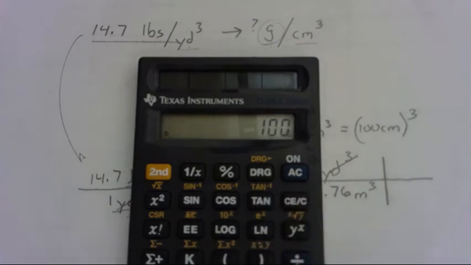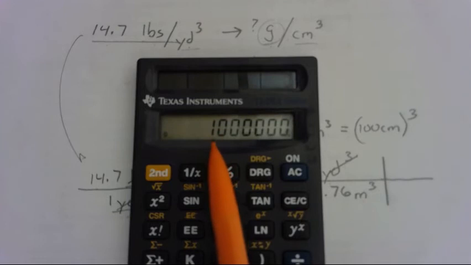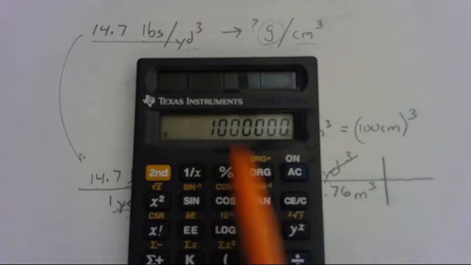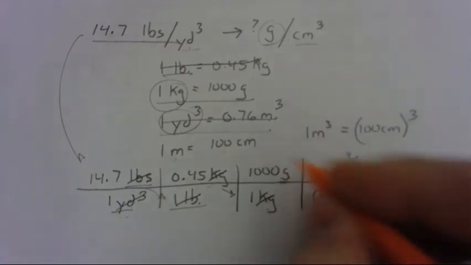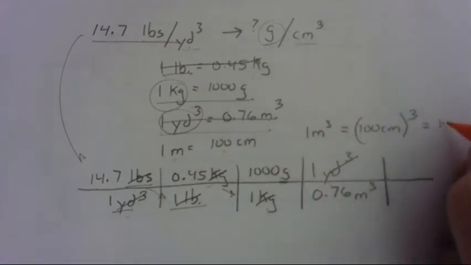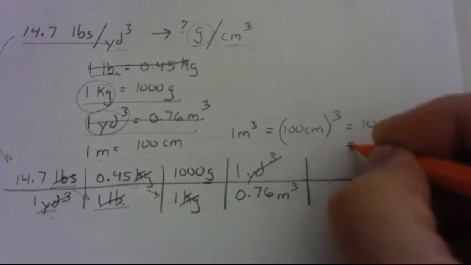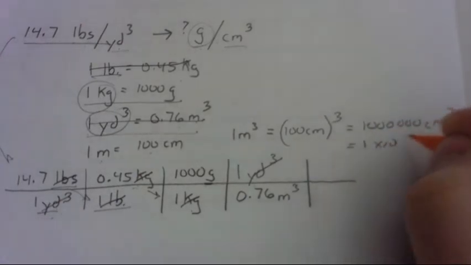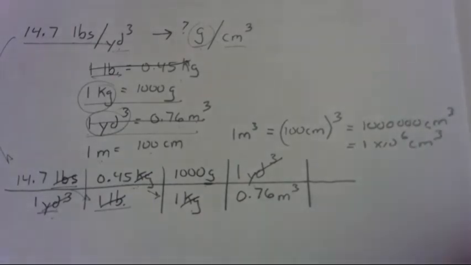So I do that, and then cubed, that equals 1 million. Okay, that's a million. So 1 cubic meter is equal to 1 million cubic centimeters, or simply 1 times 10 to the 6th cubic centimeters. All right? Doesn't matter which one you use, they mean exactly the same thing.